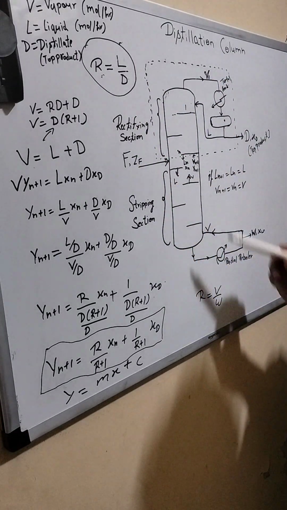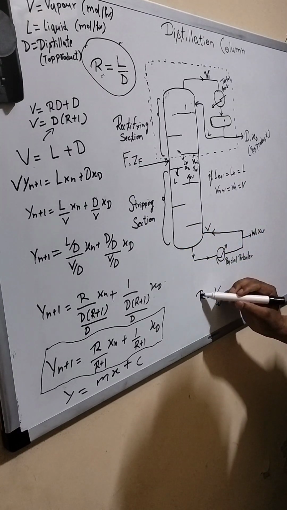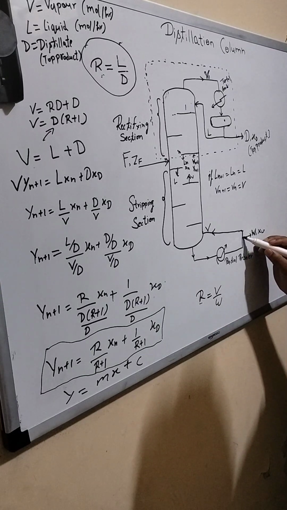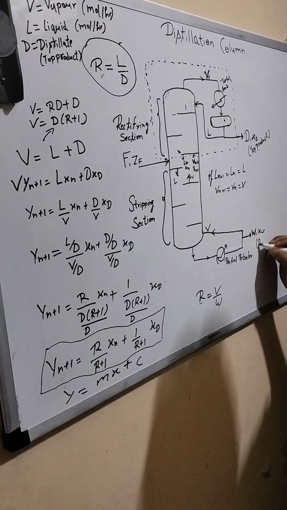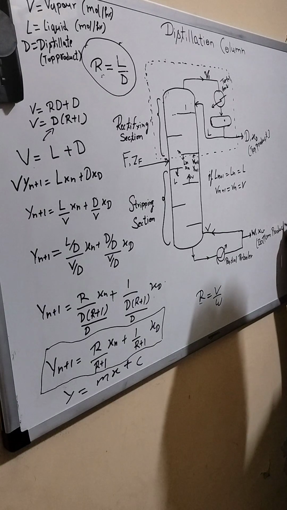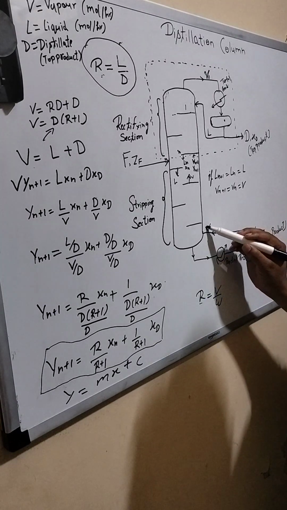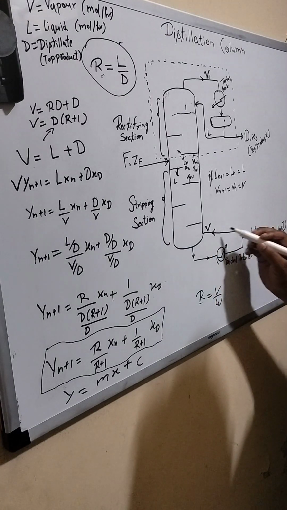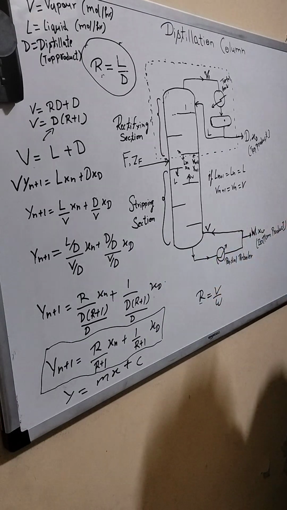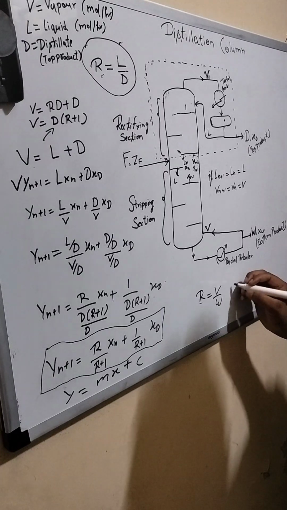Similarly, we can define it for the stripping section also. The reflux ratio for the stripping section is V by W, where W is the bottom product and V is what is fed back to the column at the bottom, divided by W. It is also known as the boil up ratio.